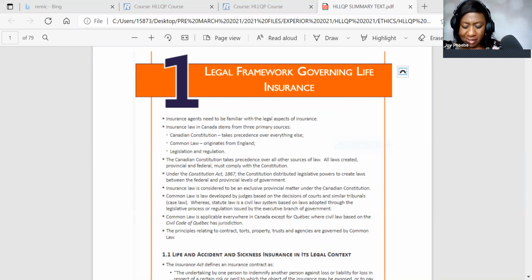All right. Now the way it is put in the text, let me just read a few lines so that we have it from the perspective of the textbook.